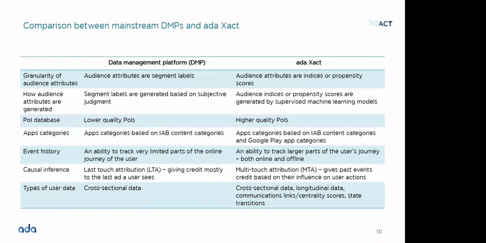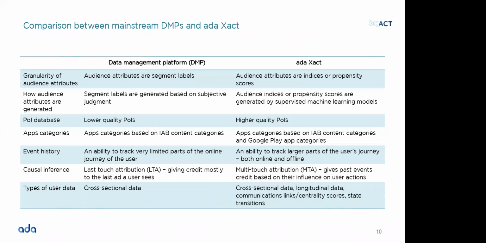Now, in terms of attribution, most DMPs outside in the market still support what is called last touch attribution, although a lot of them claim to have multi-touch attribution. But the problem with their claim of multi-touch attribution is that they have very limited view of the online journey of a user. Most DMPs record only clicks as user events, all right? But what we have is we have the frequent location sightings of the user.